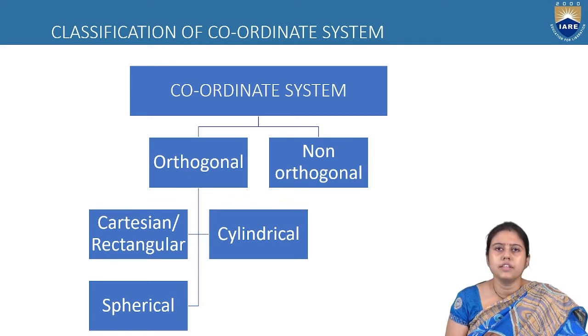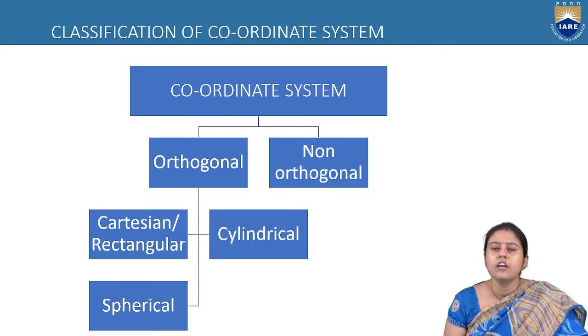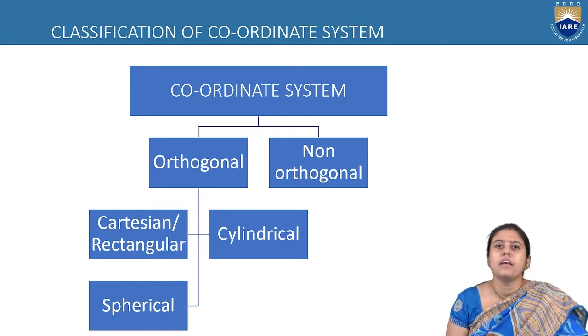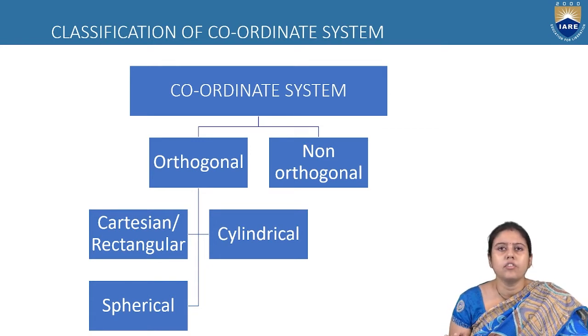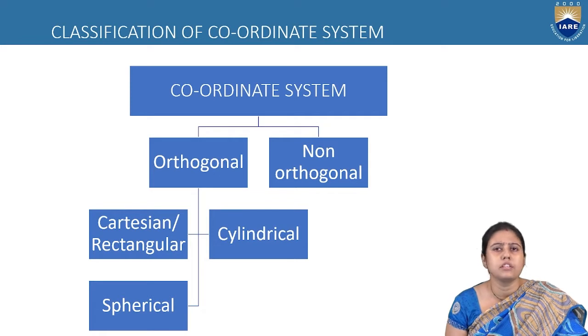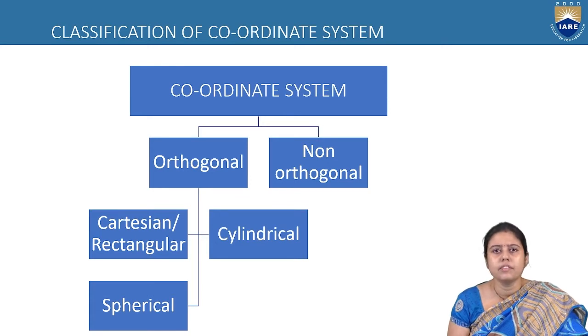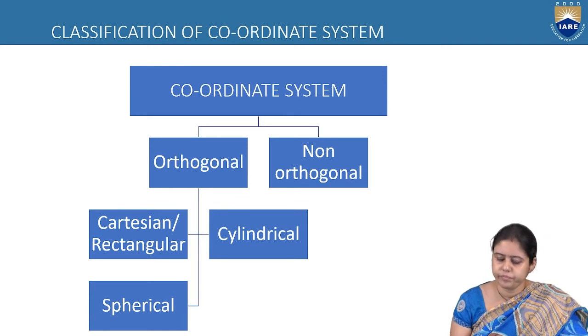We will also discuss the non-orthogonal system. Non-orthogonal system means the axes are not 90 degrees apart. Generally, the non-orthogonal system is used for spaceships and higher-end applications. Whatever we use in our daily life is the orthogonal system.